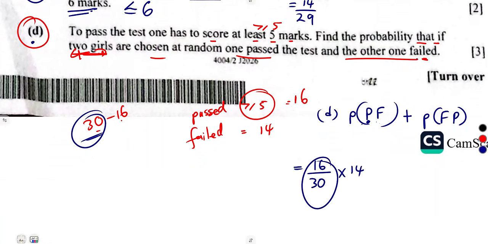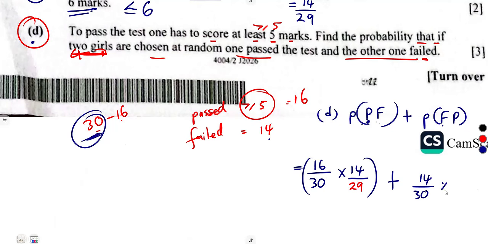But because you picked the first one, it affects the total, so it will be out of 29. For the second one, the total is affected. Plus the probability to fail is 14 out of 30 as they are, when you start to pick. But the moment you take the second one, the total is affected. So to pass, it's 16, but the total is affected just like the previous one. So that is how you're going to simply play around with this type of question.